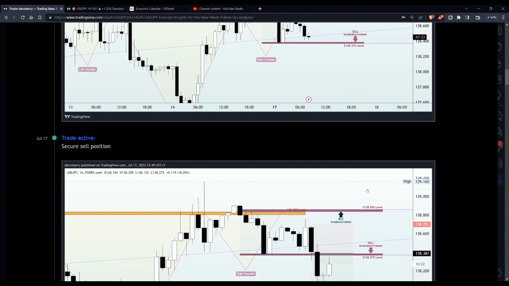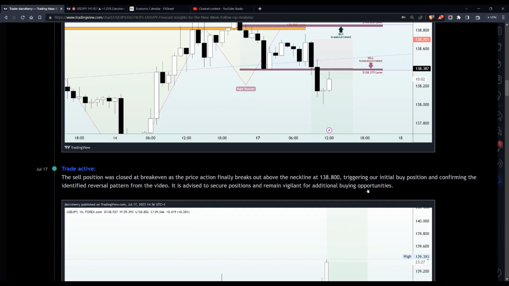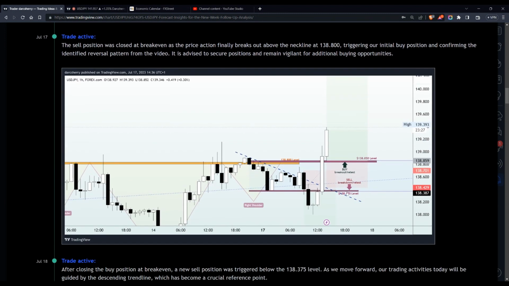Then price broke down that structure, giving us a sign that we might likely be seeing a bearish move, but that did not last long as price broke out of the key level and the neckline at the 138.800 level to trigger our first buy position for the week.